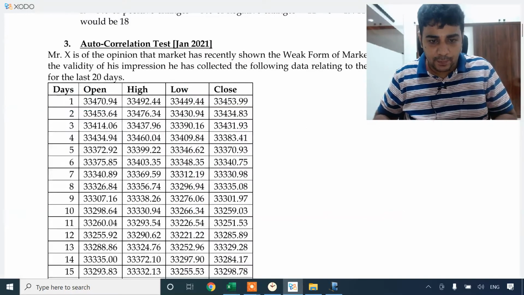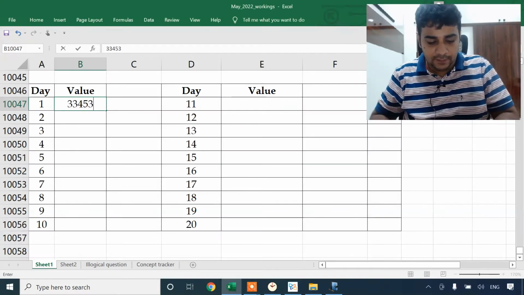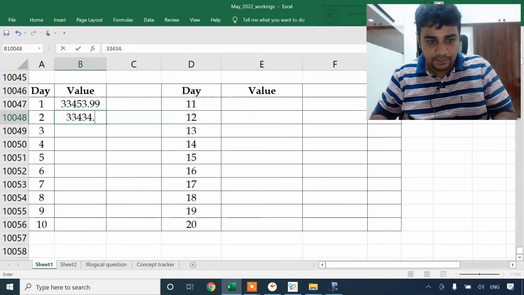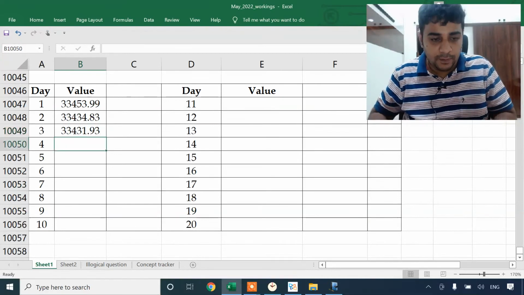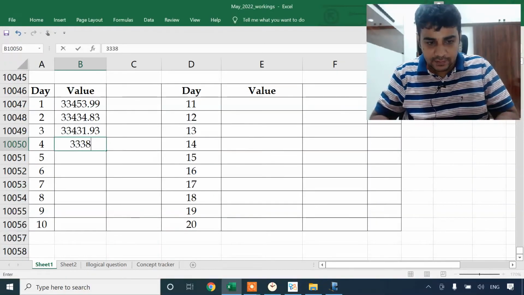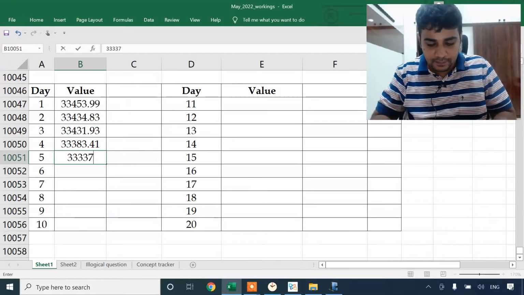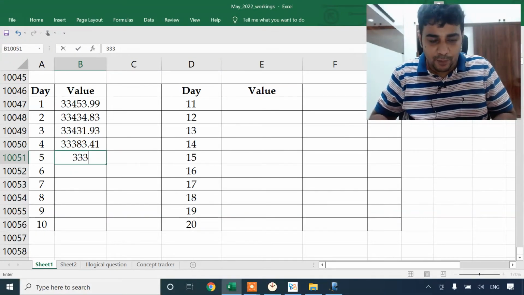Values are given in the question: 33,453.99, 0.83. I just hope I don't make an error in noting down the values. Closing values, I'm not bothered about the high, low and all.